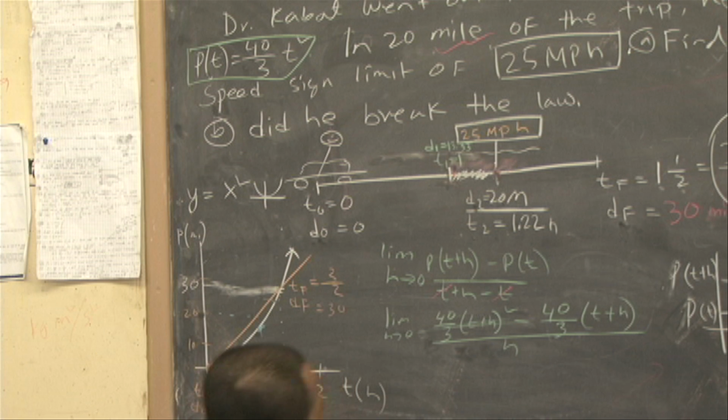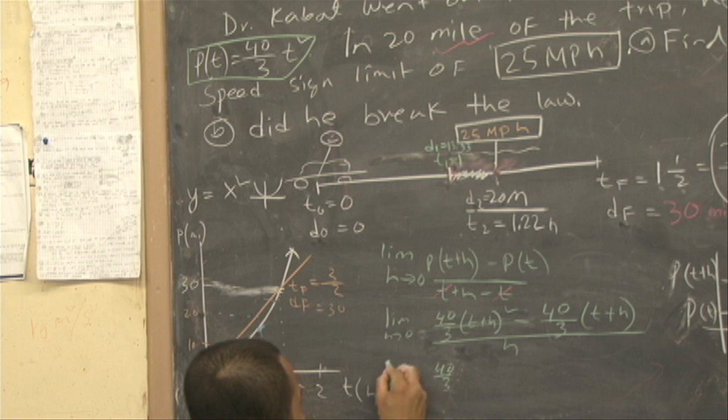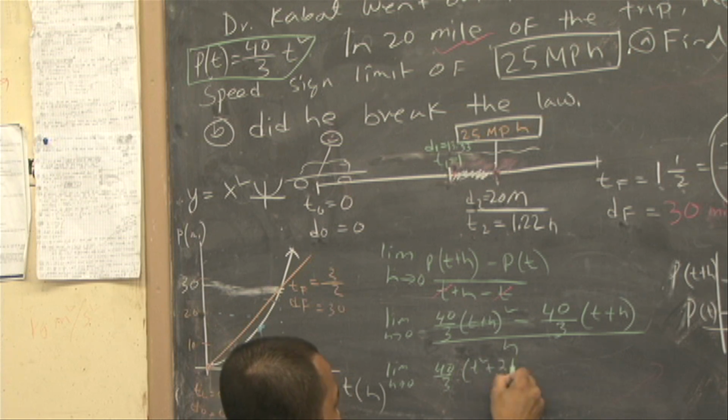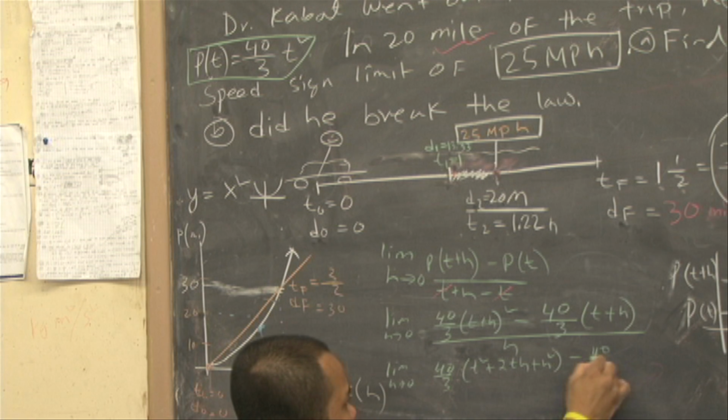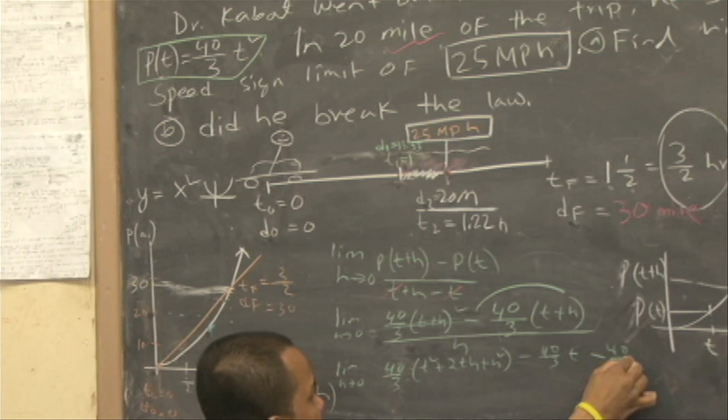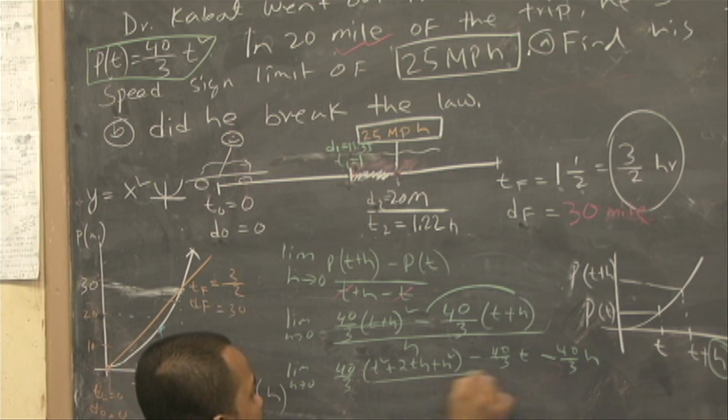I hope I'm not making a mistake. Let's see. 40 over 3, limit as h goes to 0. Here you have t squared plus 2th plus h squared, minus 40 over 3 t, minus, you distribute 40 over 3 h, all over h.